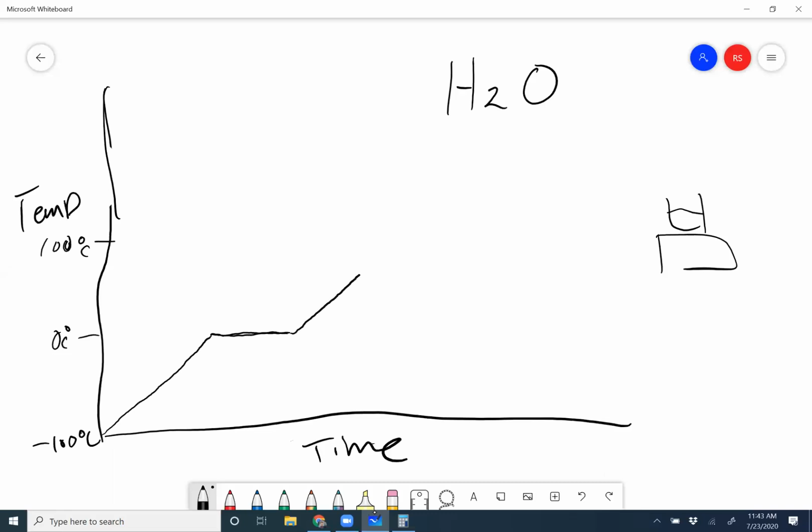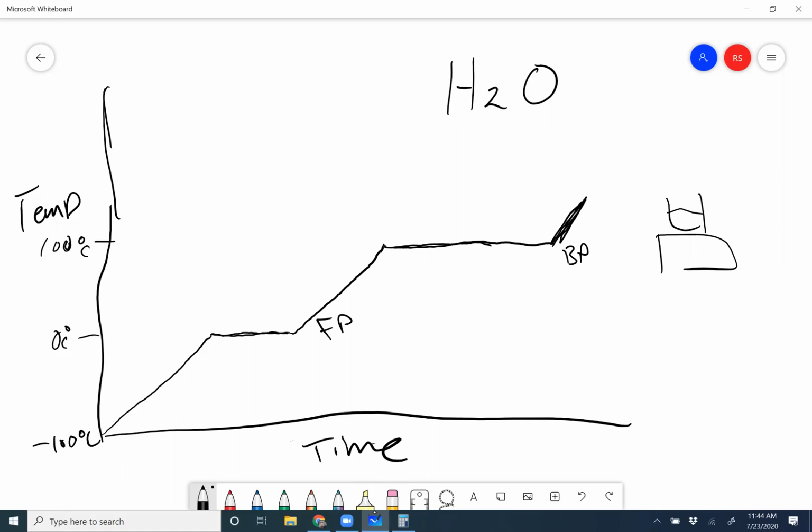And then as soon as it hits 100 degrees C, the temperature won't change for a while. And in this case, water's plateau is way bigger than that one. And then after a while, you'll notice the temperature starts to go up again. And if you notice, at 0 degrees C, this is the freezing point, and at 100 degrees C, this is the boiling point.